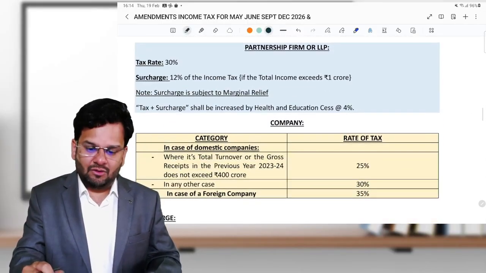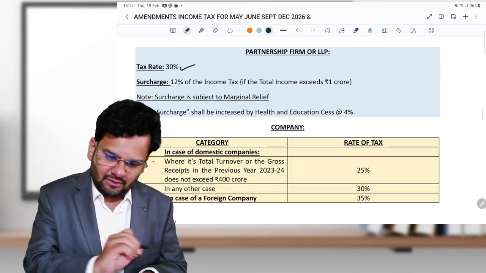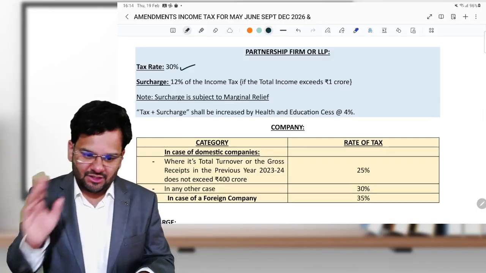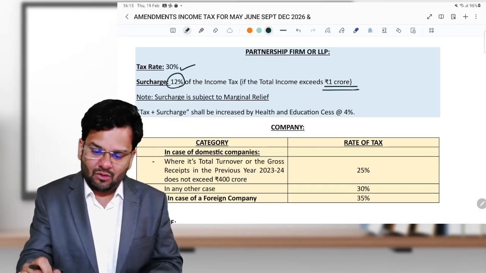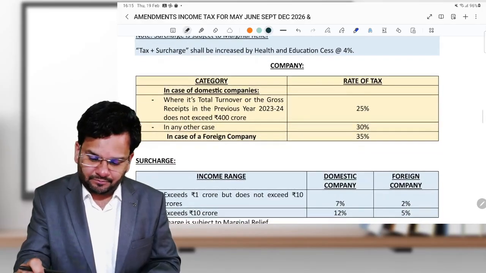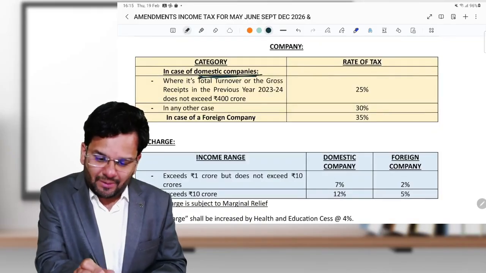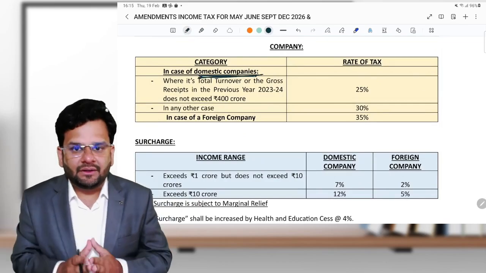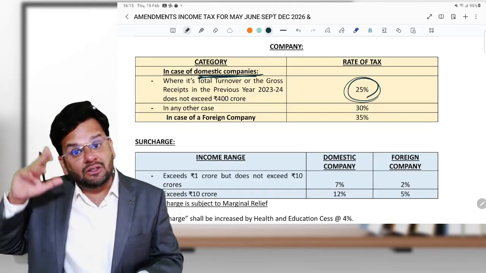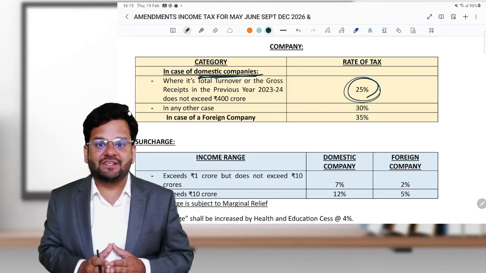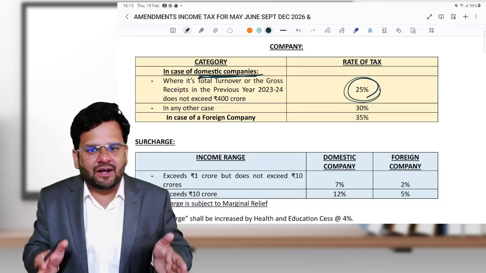Go ahead. Then for a partnership firm or LLP, you know the tax rate is 30%. It continues. Surcharge will be applicable for them when their total income exceeds rupees 1 crore. Okay. And in case of a company, if we talk about a domestic company, the income tax will be at 25% if their turnover in the last to last financial year, that means, see, we are calculating tax for FY 25-26.